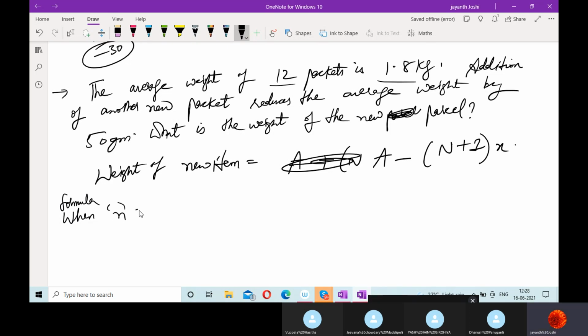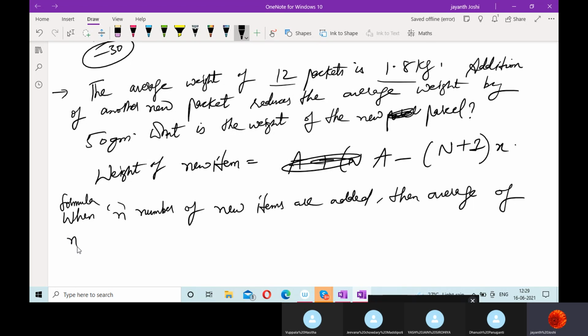When N number of new items are added, then average of N new items is equal to A plus N into X, if you add N number of items, correct?